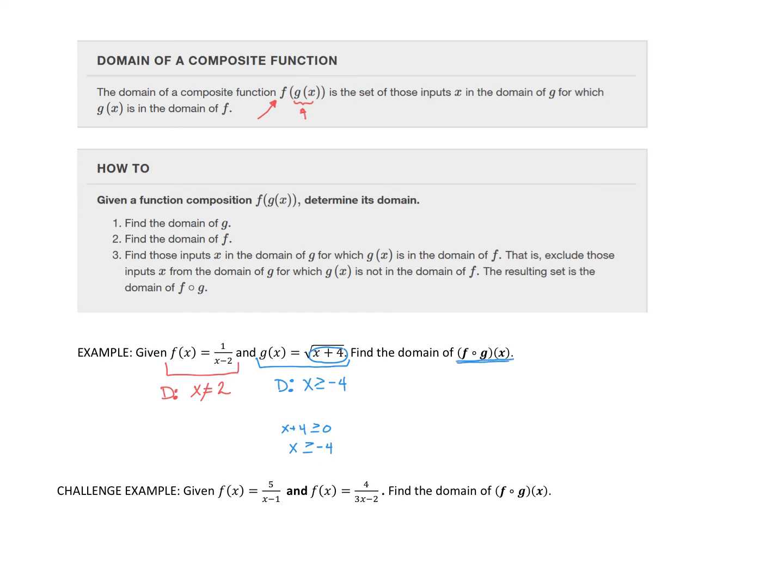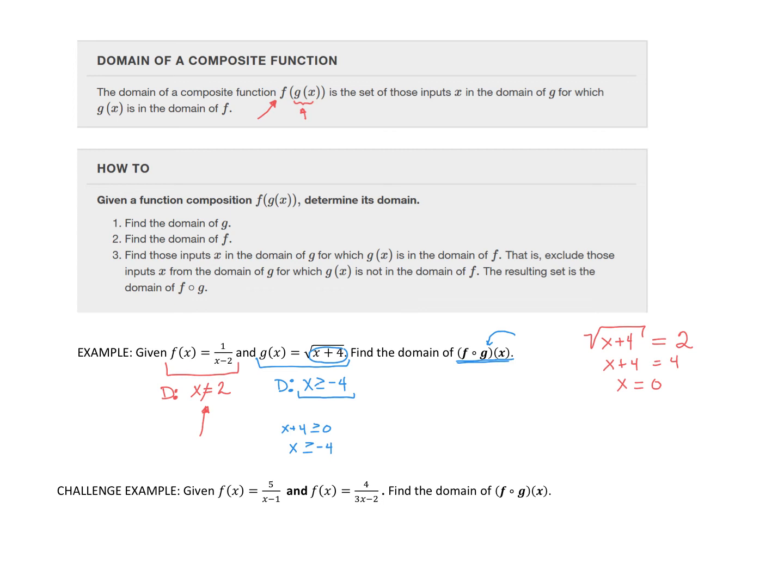I can plug in any value greater than or equal to negative 4 into g. The question is, is there anything that I would put in there where the square root of x plus 4 would be equal to 2? Because I can't have 2 in my outer function. So I'm going to square both sides. x plus 4 equals 4, and subtract 4 and I get x equals 0.